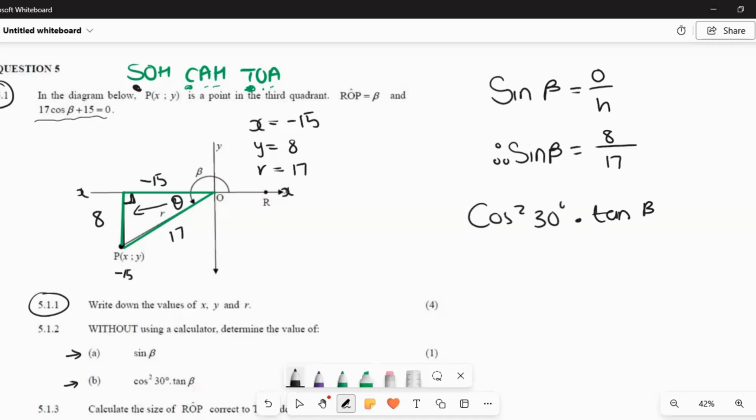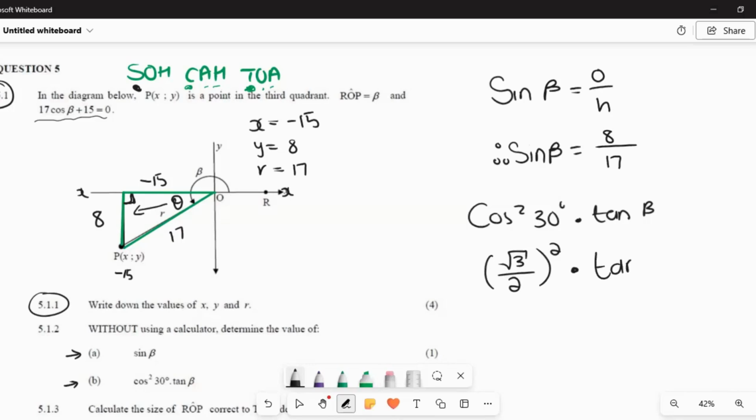Cos 30 is a special triangle. Just a reminder that cos 30 using special triangles is square root of 3 over 2, but remember it is squared, right? And then it is also multiplied by tan beta.